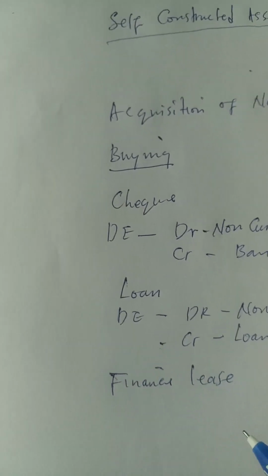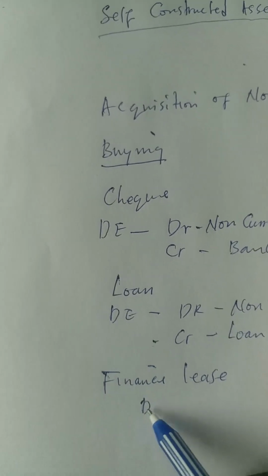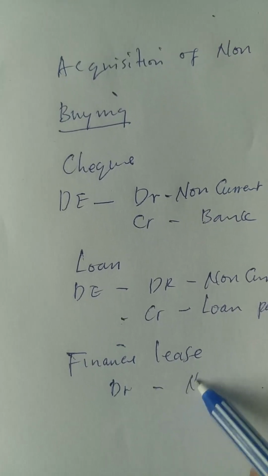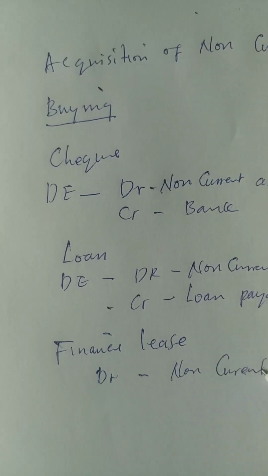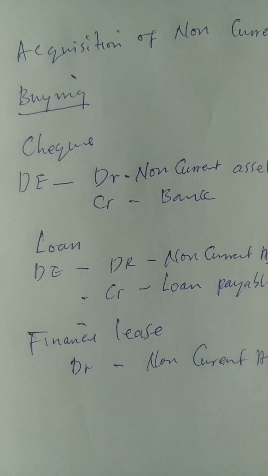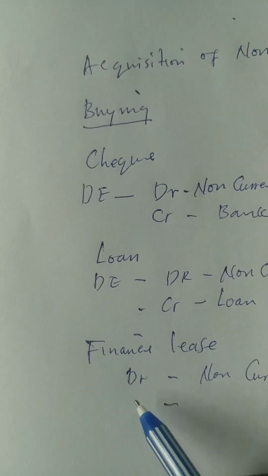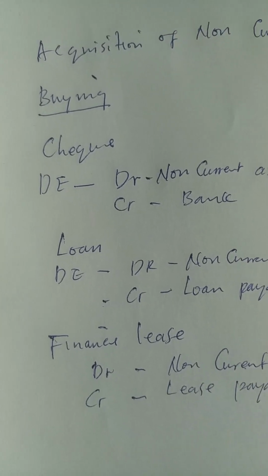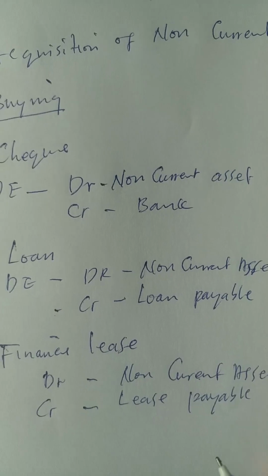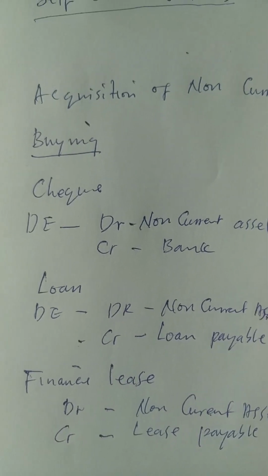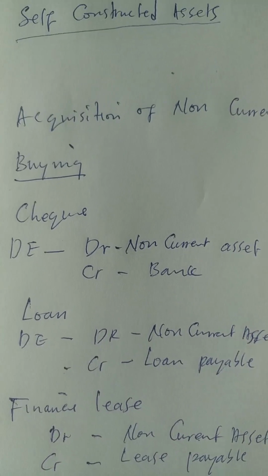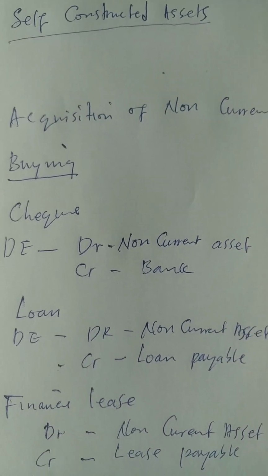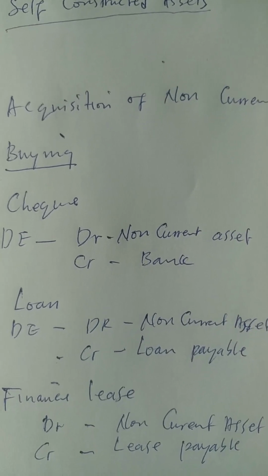So if you acquire on finance lease, you debit your non-current assets. The double entry is just the same. I'm sure you have an idea. And then credit lease payable. The double entry, I'm sure, is simple by now. So I'm just quickly trying to explain the notes that I have, so that even when I send the PDF notes, I'm sure they will make more sense and add more meaning to you.